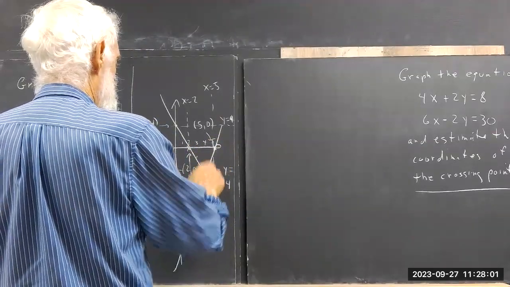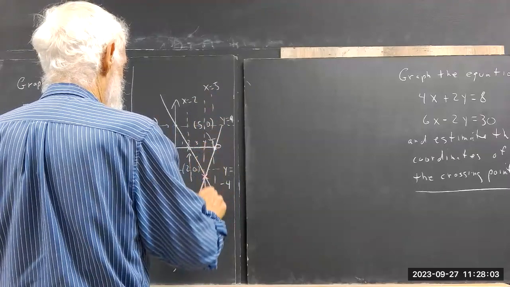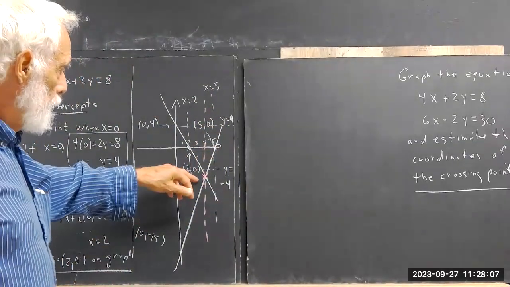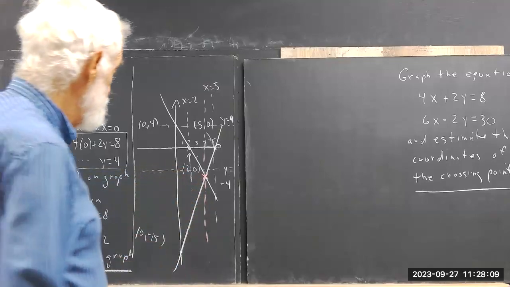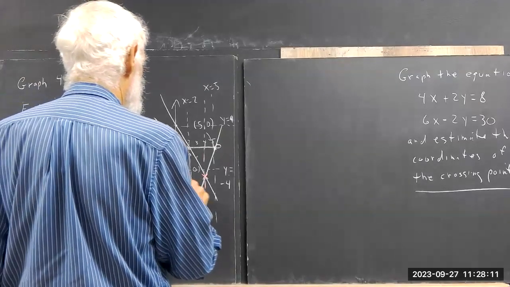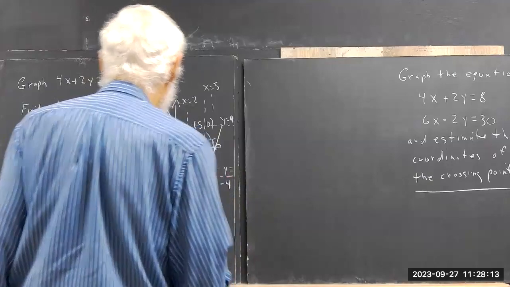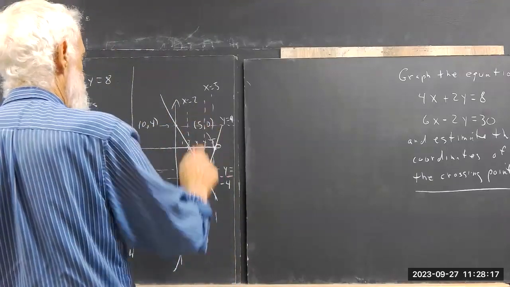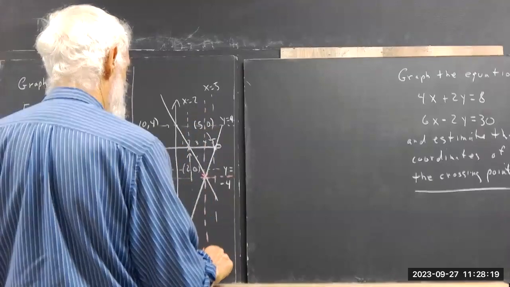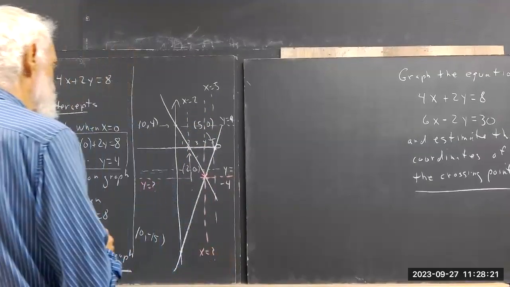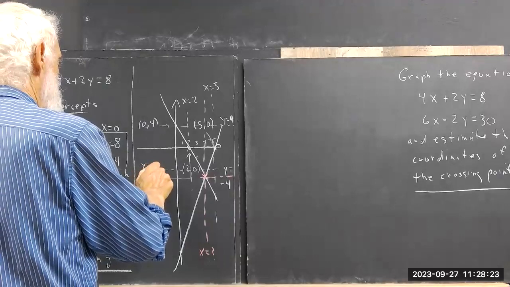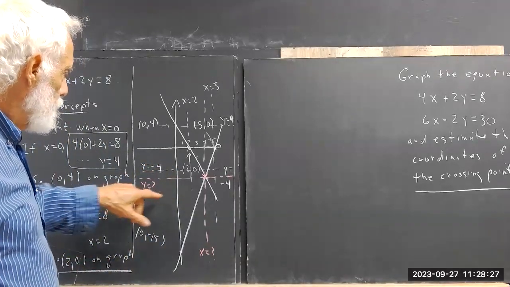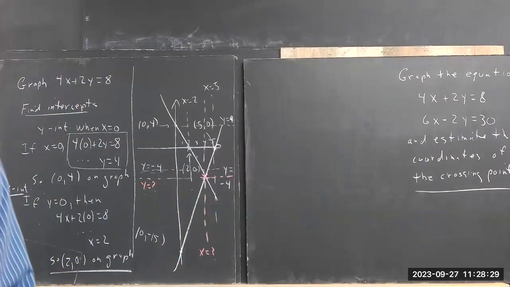That'd be okay. There's a vertical line through the point, and here's a horizontal line through the point. Now, what do you think the x and y values are?